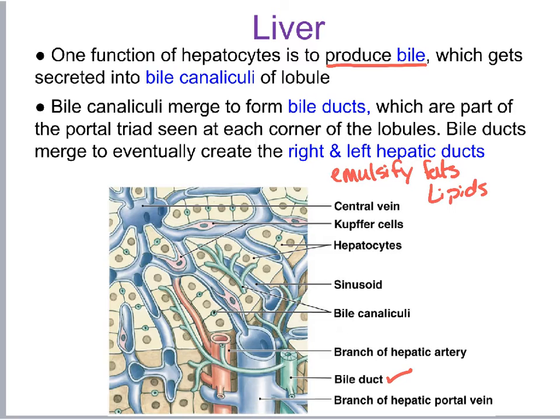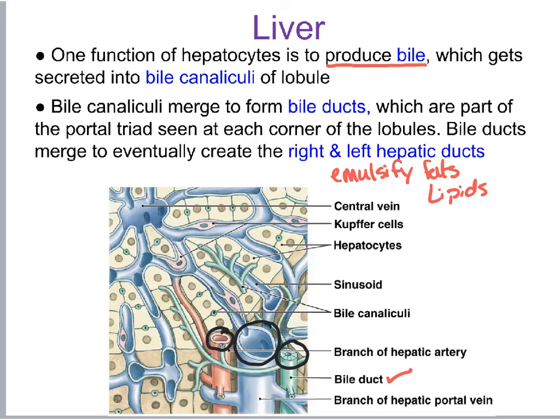The hepatic triad is made up of a bile duct, one of the branches of the hepatic portal vein, and a branch of the hepatic artery. So you'll see these hepatic triads at each corner of the liver. Bile duct is draining bile down to the gallbladder.